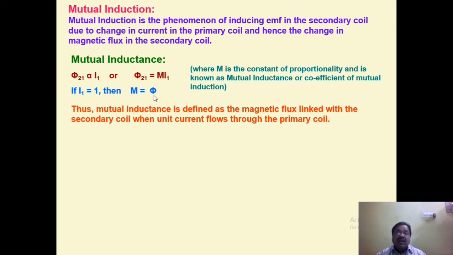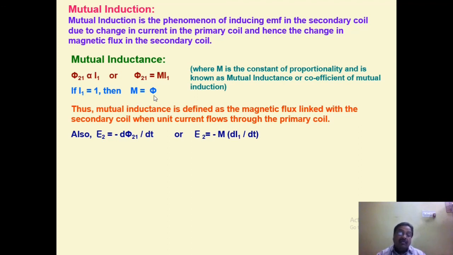That is to say, mutual inductance is defined as the magnetic flux linked with the secondary coil when unit current flows through the primary coil. M equal to phi 21 is the magnetic flux linked with the secondary when unit current flows through the primary.